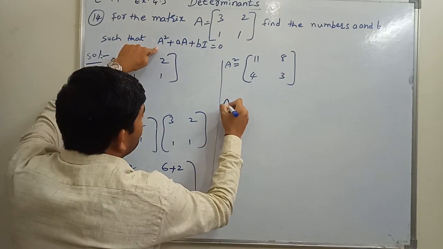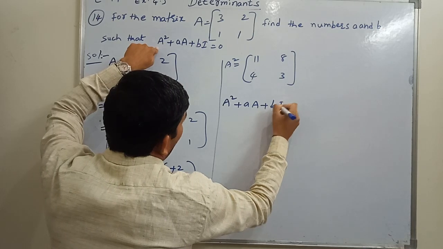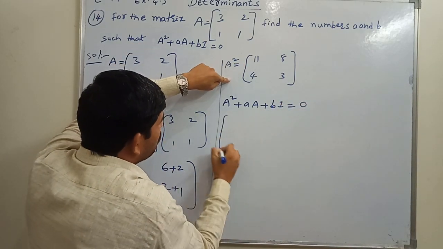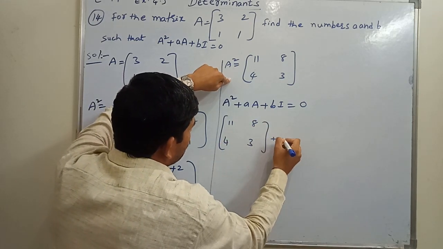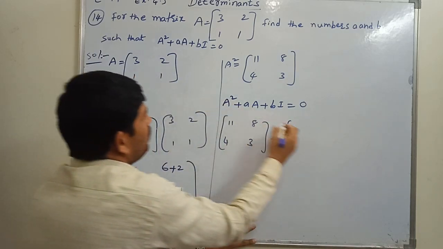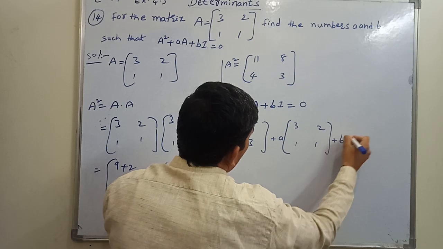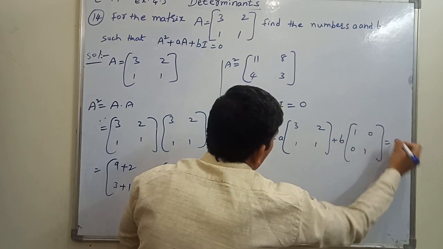So once again: A square plus small a into capital A plus b into I is equal to the 0 matrix. We substitute A square as 11 8 4 3, plus small a into the A matrix 3 2 1 1, plus b into the identity matrix 1 0 0 1, equal to the 0 matrix.